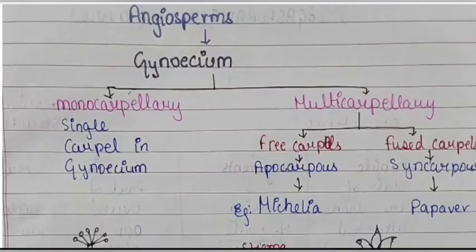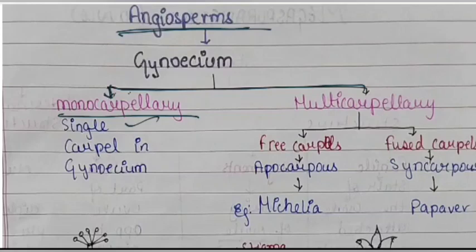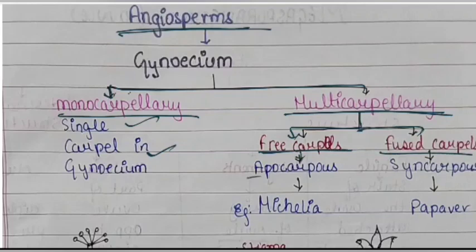Now, in angiosperms, gynoecium can be divided into two types, that is monocarpellary, the flower in which a single carpel is present, and multicarpellary. It is further divided into two types, that is fused carpels and free carpels. Flowers with free carpels are known as apocarpous and fused carpels are known as syncarpous.